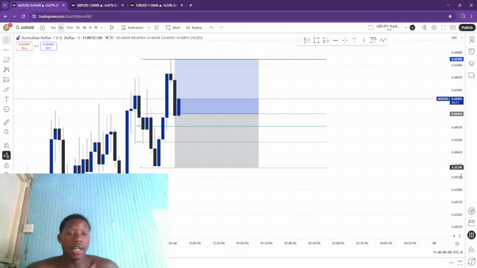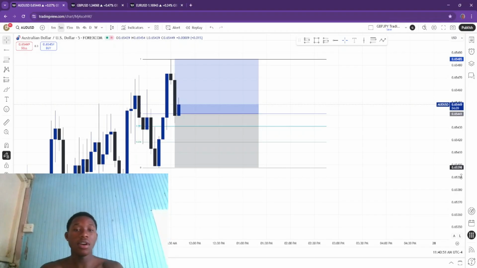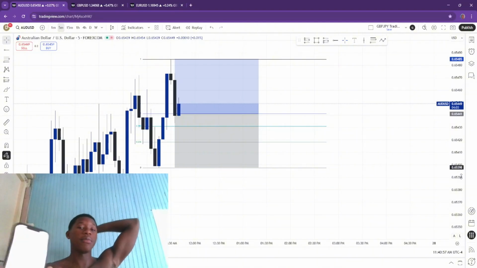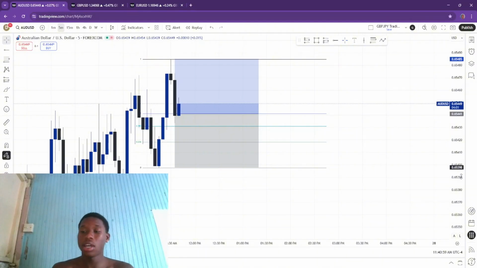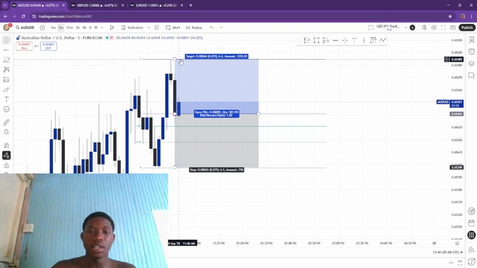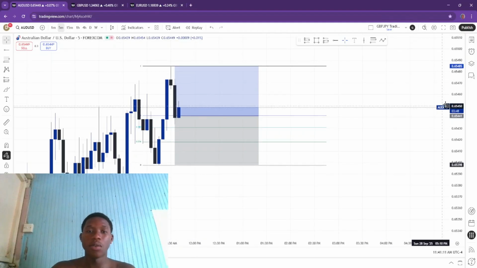All right. We see it tap us in at the halfway line, and we're in profit right now, 11.8. So we're just waiting for price to hit our take profit at the top, which is right there.